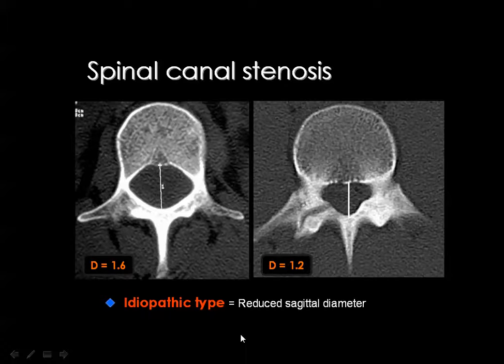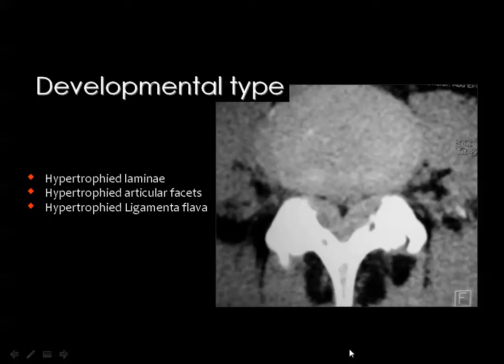And the normal diameter of the spinal canal is 1.3 centimeter or 13 millimeter. If the canal is lower than 13 millimeter, then you can say that this is a stenotic canal. And this type of stenosis is known as idiopathic type of spinal canal stenosis.